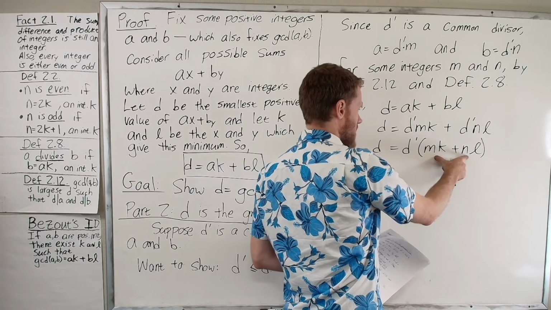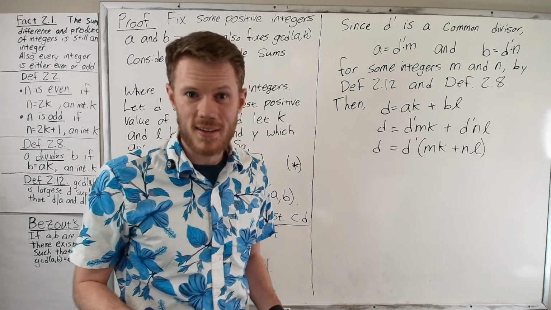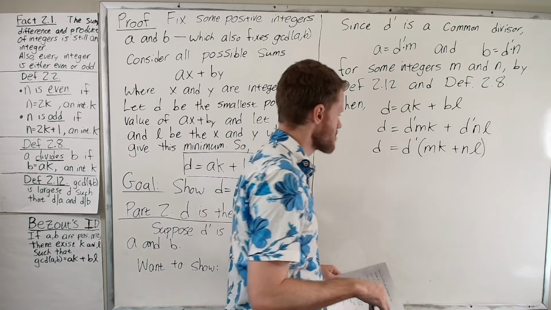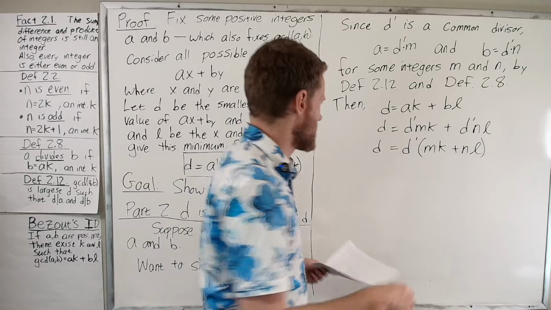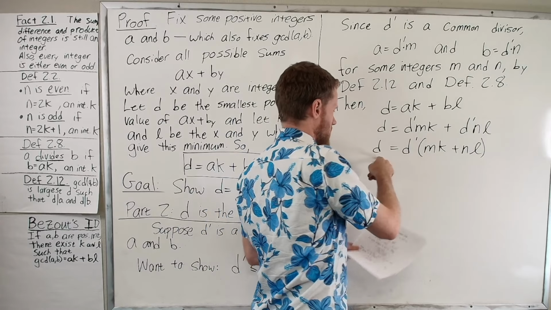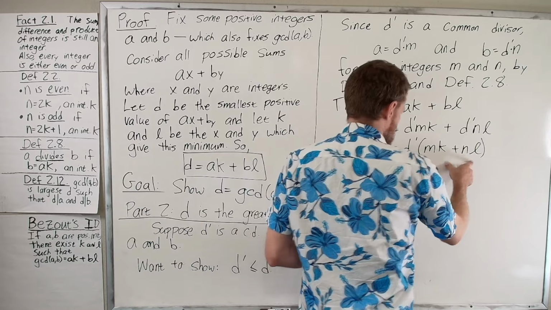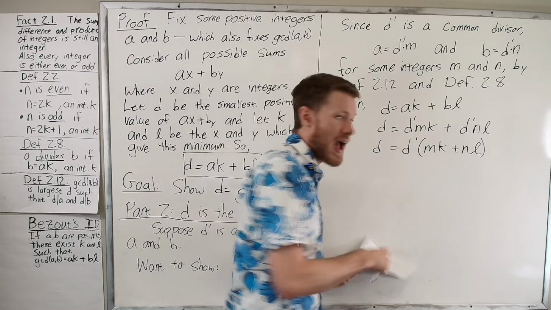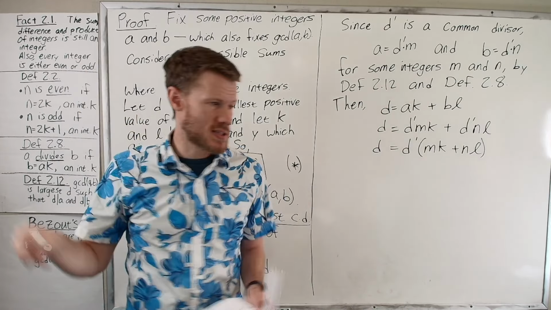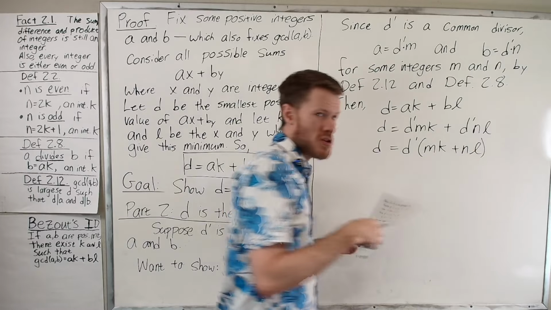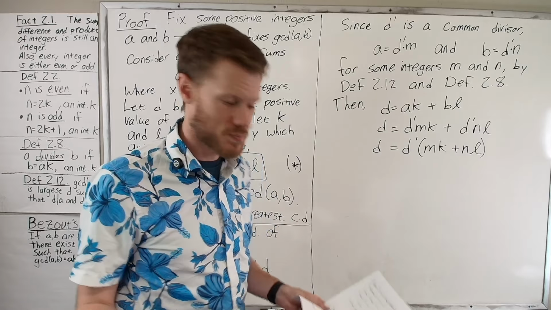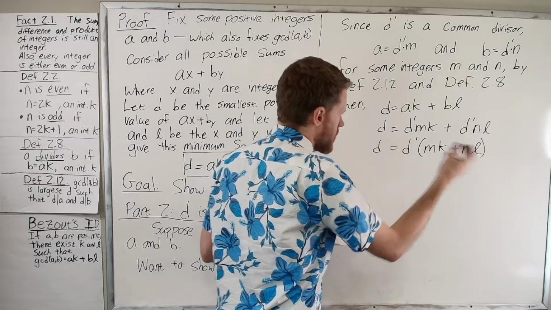If this equaled 3, then d prime would be a third as big as d. So this is why d prime is no larger than d: because mk plus nl is an integer. There's no way that this thing equals a half, because fact 2.1 tells us that if you combine integers, you get back another integer.